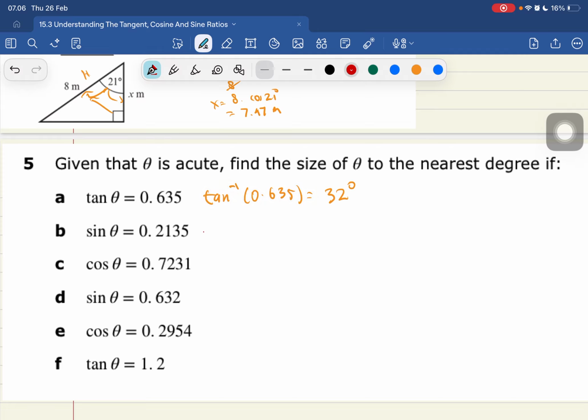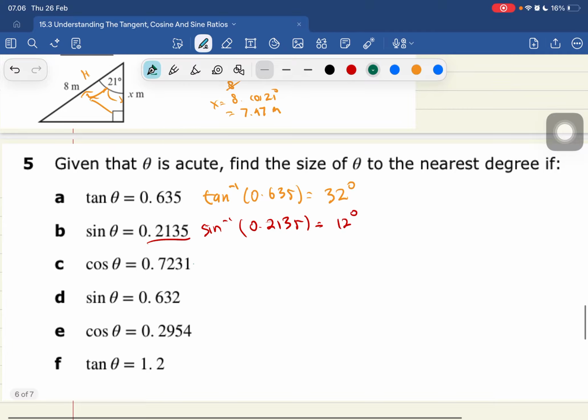In your calculator, you can find its sine inverse, then write the value 0.2135. So the nearest degree is going to be 12 degrees. Also cos inverse, write the value 0.7231.